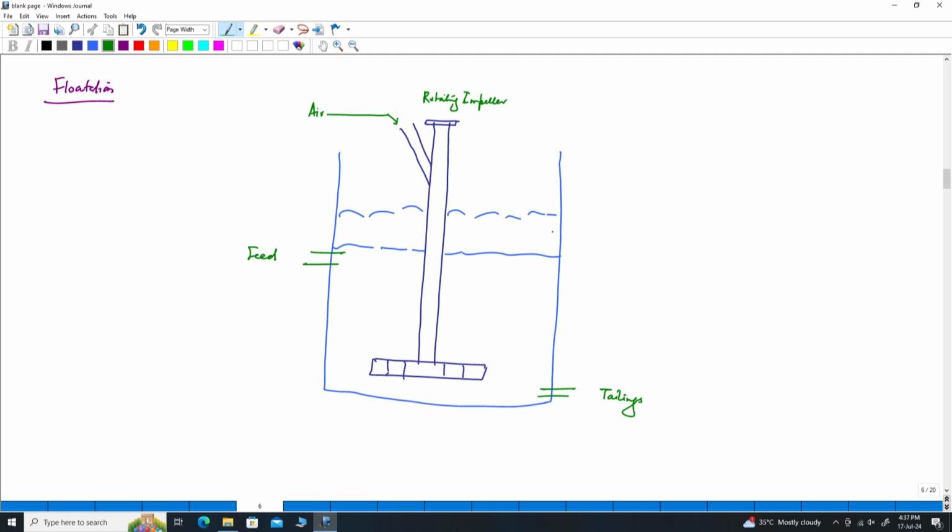And this exactly is froth. So what we are discussing is basically the froth flotation process, which you must have come across if you have done a mineral ore beneficiation course.